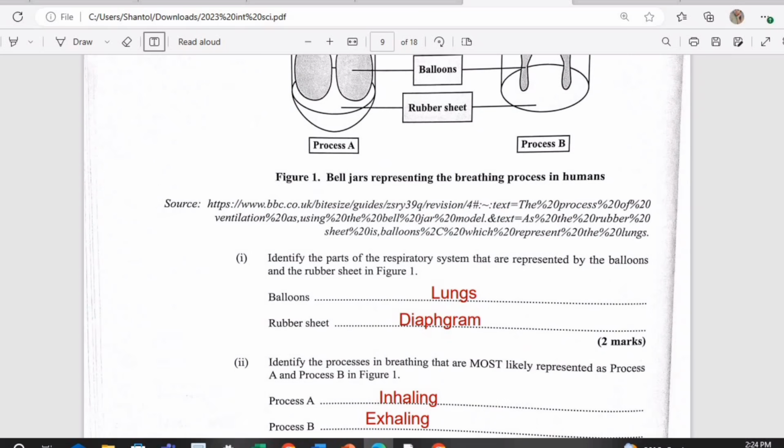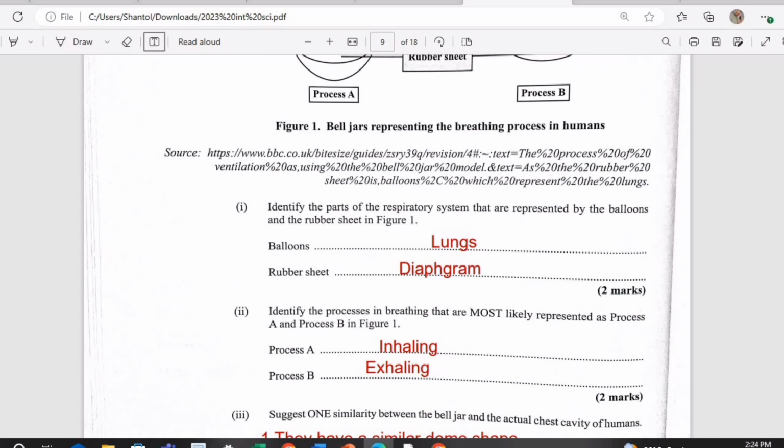Part 2 says identify the processes in breathing that are most likely represented as process A and process B. If you had process A being inhaling or inhalation, correct, or inhale. Process B would be exhaling, exhalation, expiration, any one of those terms, then you would have gotten your 2 marks.